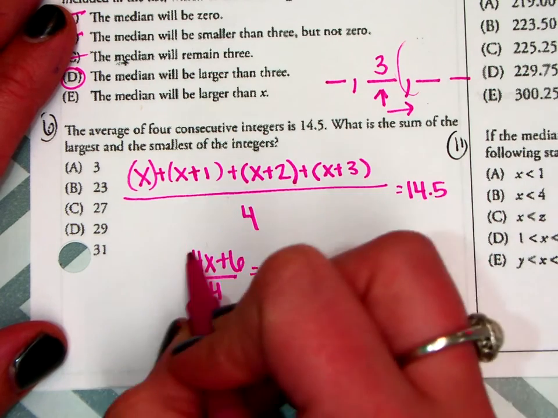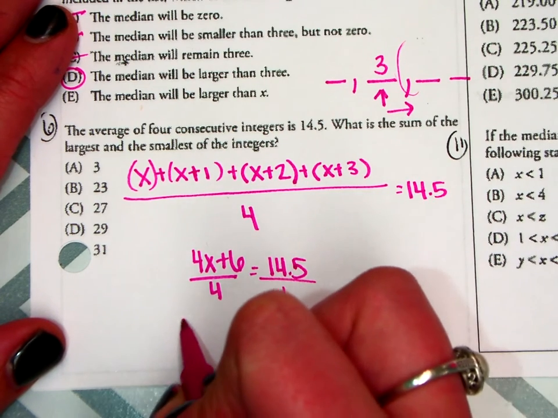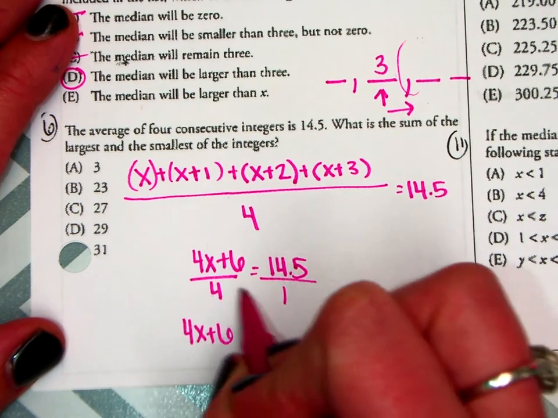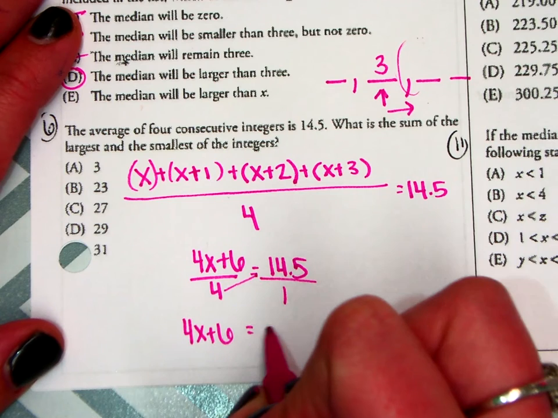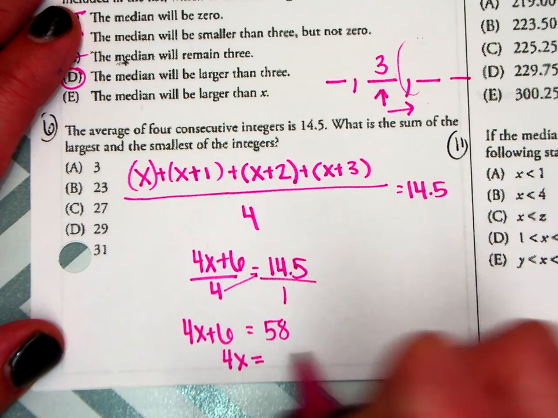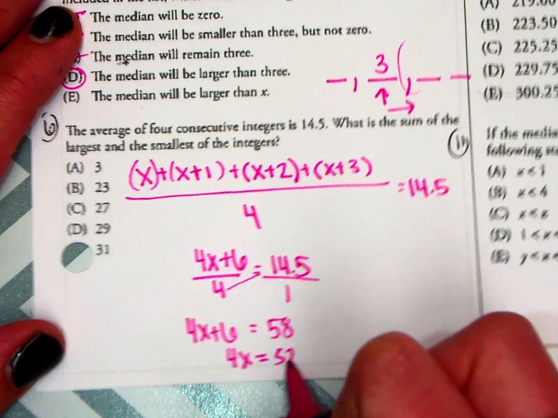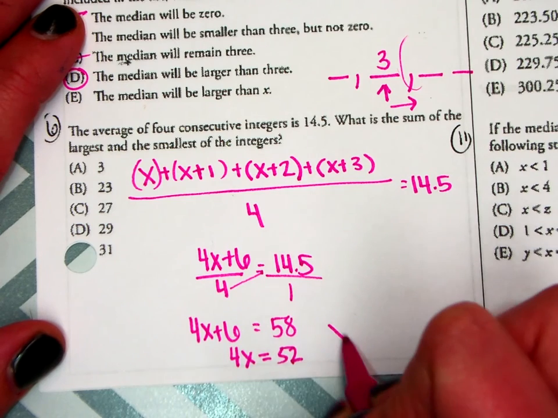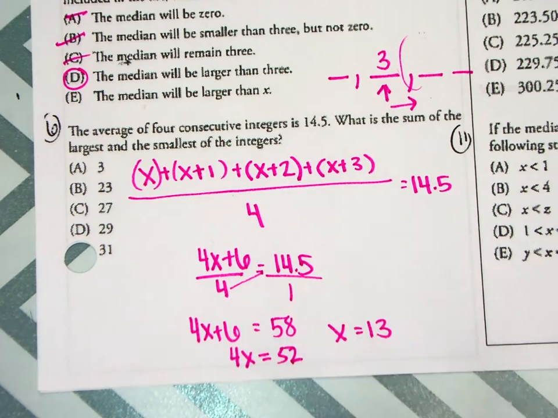So 4x plus 6 is 4x plus 6. When I multiply by 4, 4 times 14.5 is 58. Subtracting 6 gives me 52. And when I divide 52 by 4, I get 13. My answer is not 13, though. I want the sum of the largest and the smallest number.